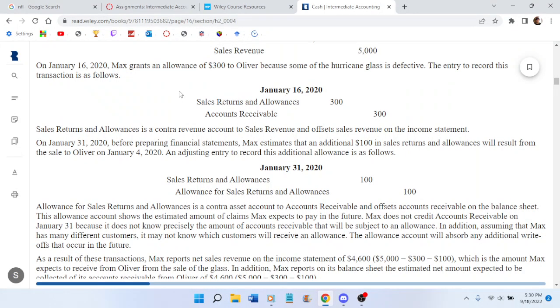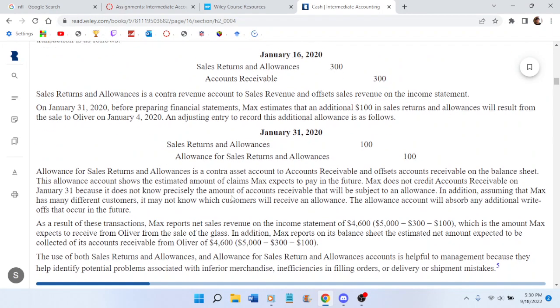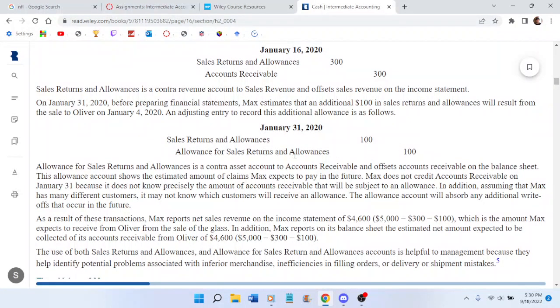Allowance for sales returns and allowances. What? That's a contra asset account. It offsets accounts receivable on the balance sheet.